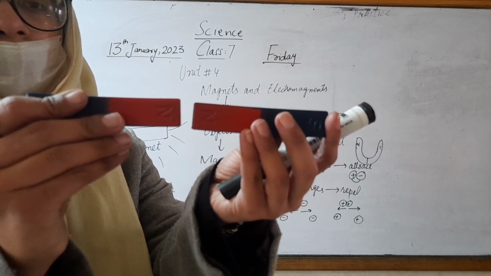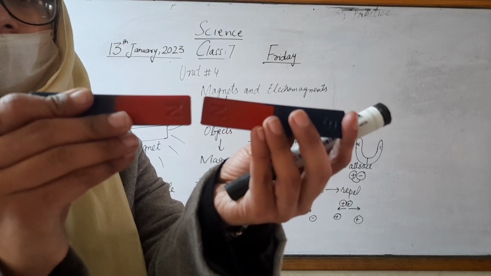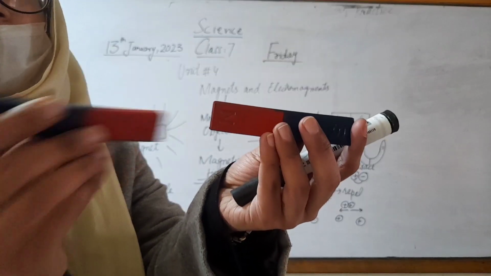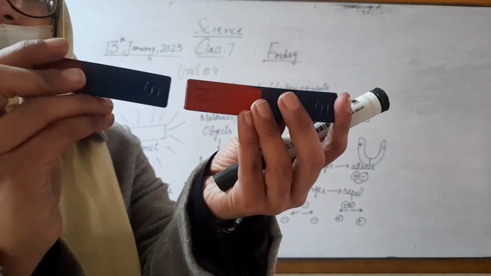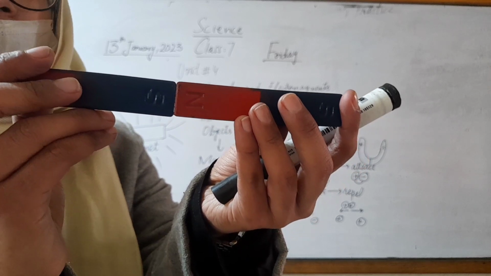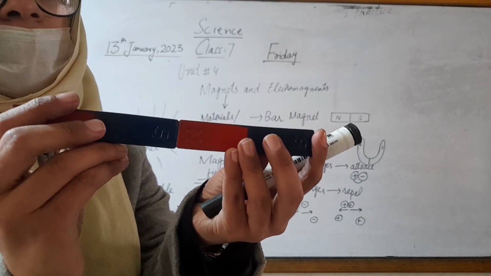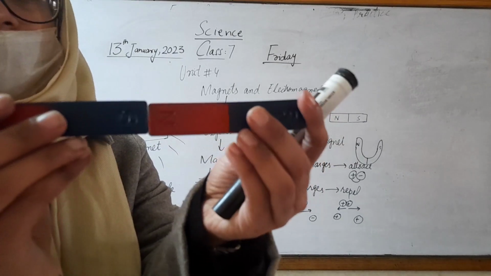When I am placing them close, there is no force of attraction. However, for the different poles, there is. Clear? Like charges repel and unlike charges attract, you can say.